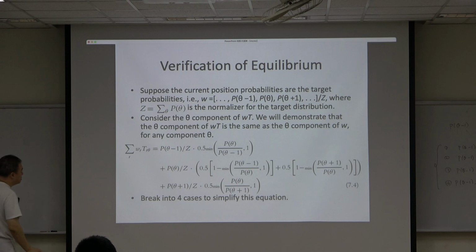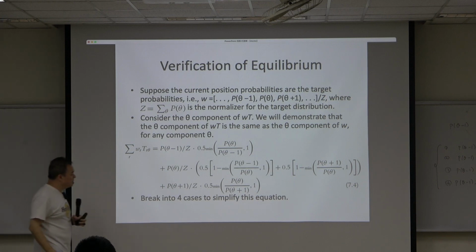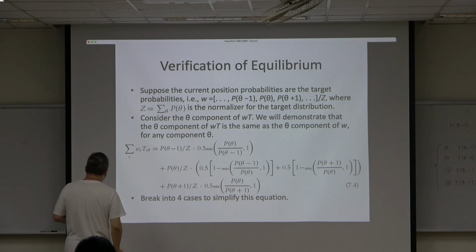Oh, sorry, minus 1. And then plus p theta divided by z, and times the 0.5 here.